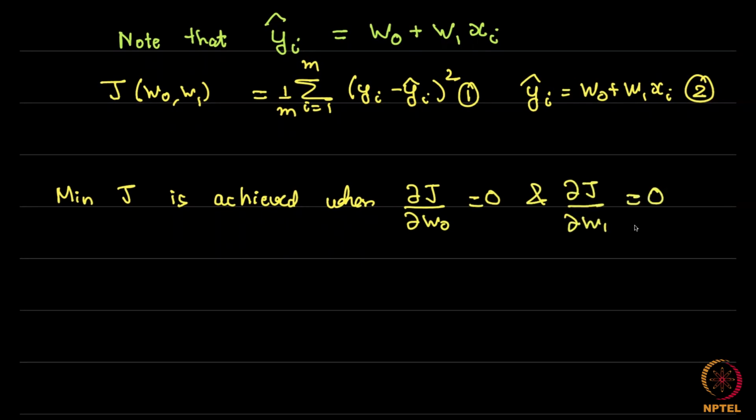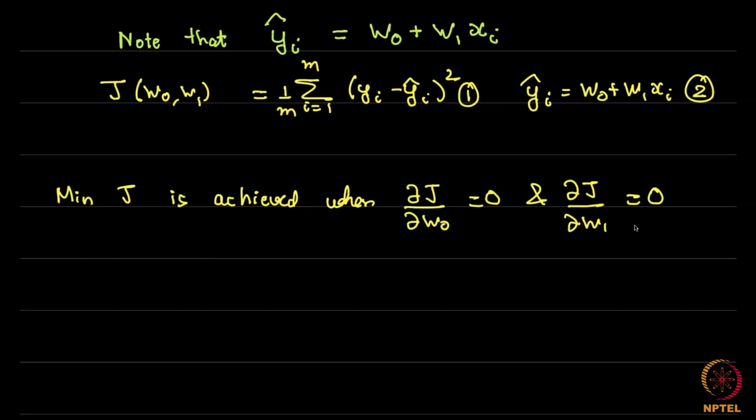If you do not recall this from your multivariable class, I'll be doing this sometime later during the course, maybe around the 7th or 8th week, giving some physical intuition. From one variable calculus, if there was only one variable, it should be dJ dW equal to 0. If there are two variables, both the partial derivatives have to be 0. The geometric intuition I will talk about later, in the third part of the course. So now let us see if we can differentiate this equation and get these terms.